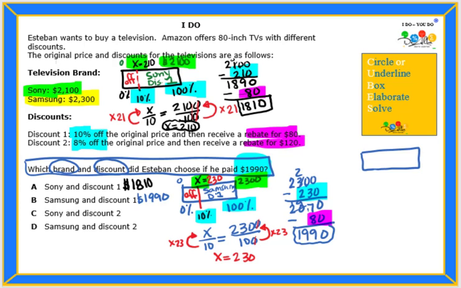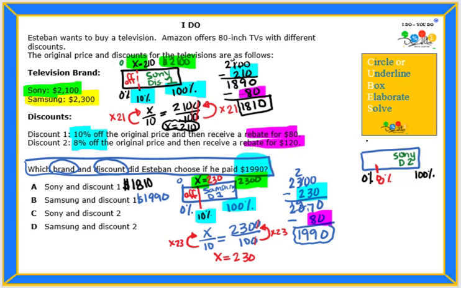And now we're doing our Sony with discount 2. And discount 2 is 8% off. And remember that in our percentage, we always have 0 at the beginning of our percent bar and 100 all the way at the end of our percent bar.